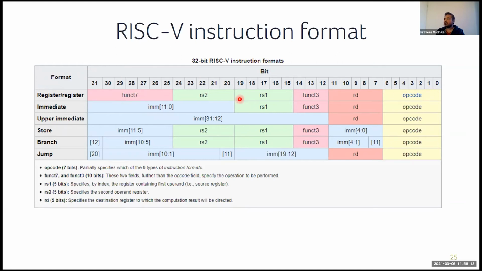These 3 combined will tell you what exactly it needs to execute, and then RS1 and RS2 are source registers, and RD is the destination register. Based on the instruction type, some of them might be present, some of them not, but you at least have 1 opcode and either 1 source or 1 destination register.